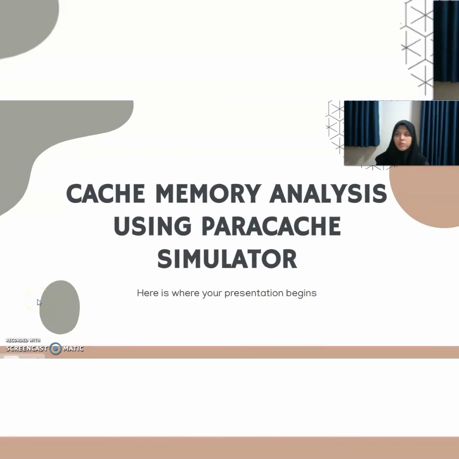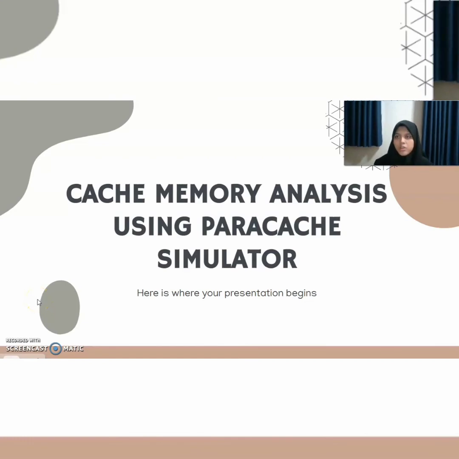Okay, my question is question 2 for the Q&A session, which is how does the current trend of computer architecture relate to our project? Our project is definitely related to the cache memory and cache size aspect of CAO. This is because in our project we delve into what types of cache mapping methods there are and how they work, both manually and by using Paracache.